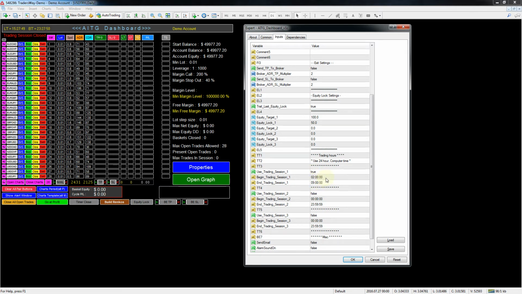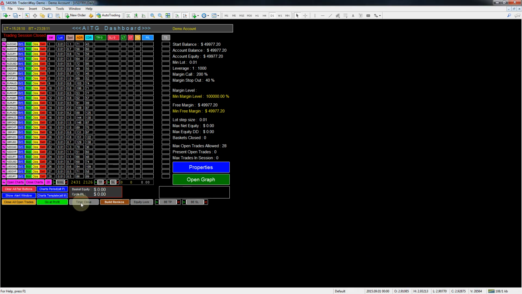And in Central Standard Time, the London Open starts at 2 a.m. and we're running a little bit into the New York session here at 9 a.m. So in this case, it would start trading at 2 a.m. and at 9 a.m., if you had the timer close turned on, it would stop at 9 a.m. and would not take any more trades. So that's what your timer close does.